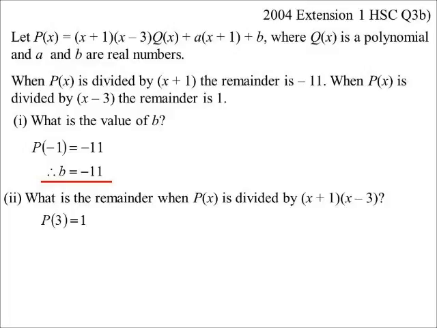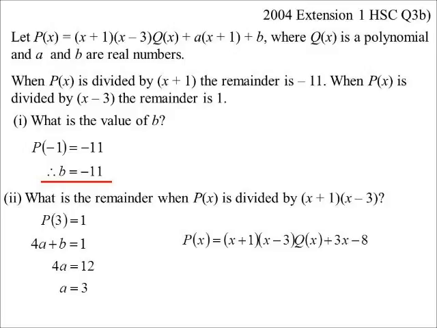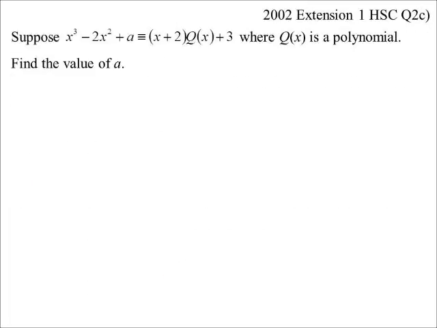P(3) is equal to 1. So sub that one in, we get 4a plus b is 1. We've worked out b is negative 11, so a is 3. My remainder, therefore, is 3(x plus 1) minus 11, which works out to be 3x minus 8.